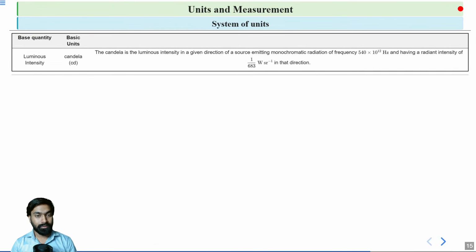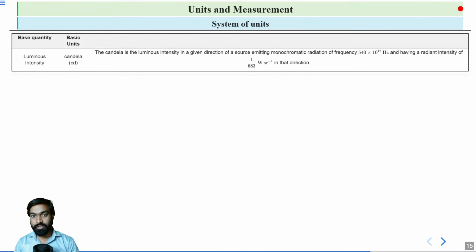Now, the last one, luminous intensity, measured in candela. This means that candela describes the luminous intensity of a light source in a particular direction.